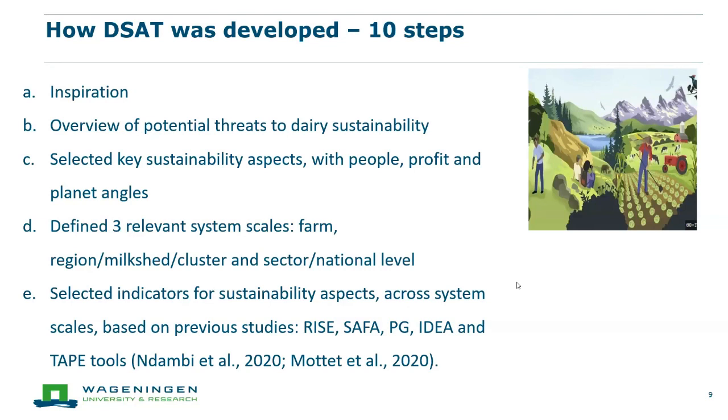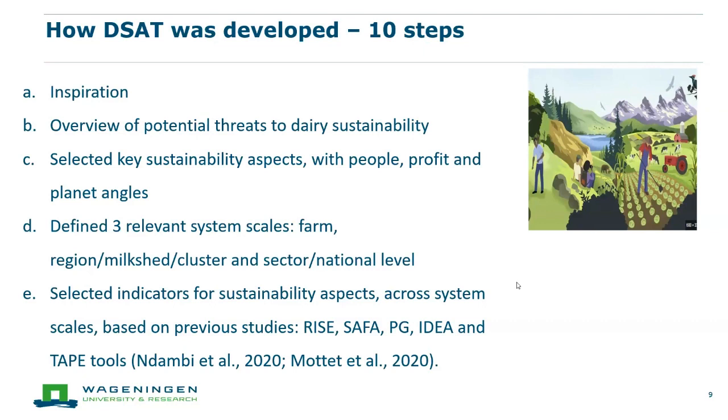There were 10 steps involved. First one, inspiration. Inspiration came from interactions with stakeholders who raised the point that there were no tools suitable for assessing sustainability, especially in the East African context. What we did first was to check on the potential threats to sustainability, more of dairy sustainability in the East African context.